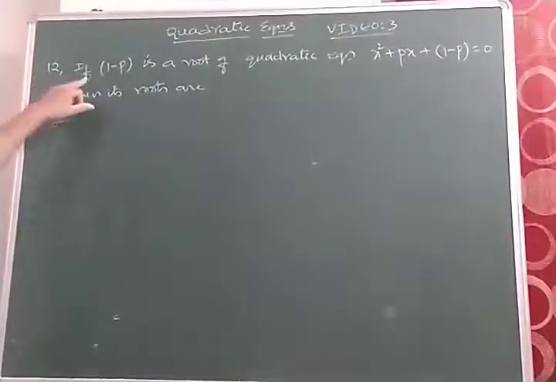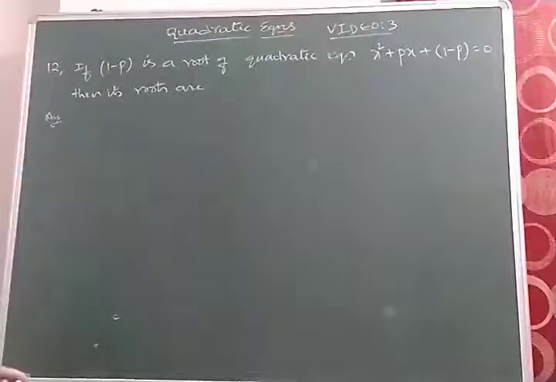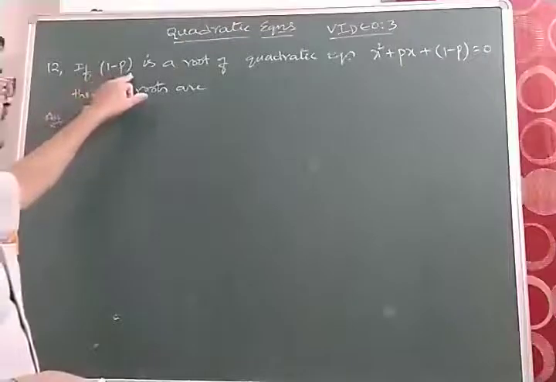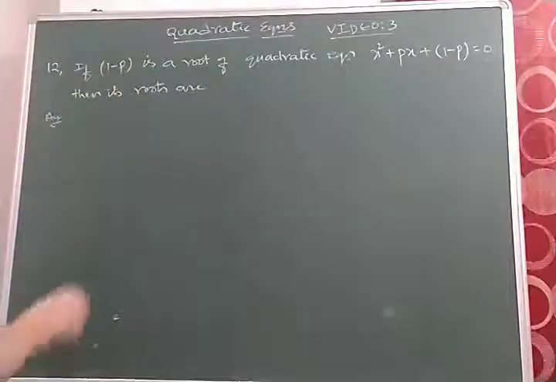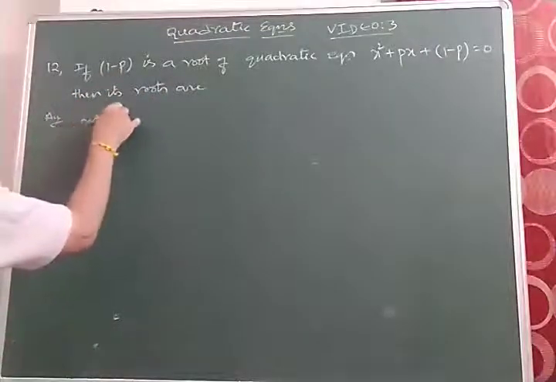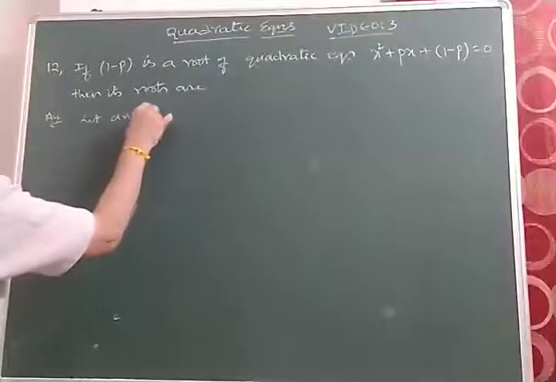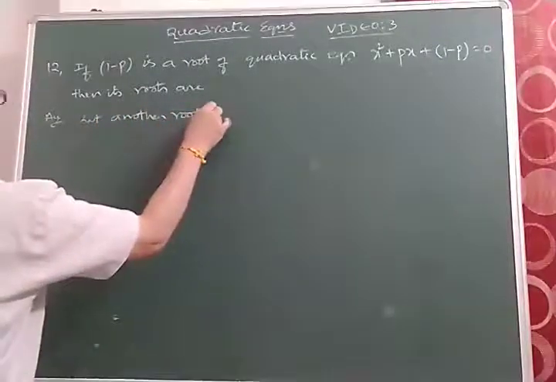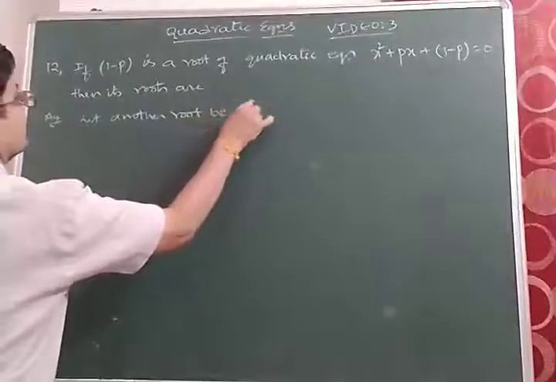Question number 12. If 1 minus p is a root of the quadratic equation x square plus px plus 1 minus p is equal to 0, then what are its roots? One of the roots is 1 minus p and another root, let's say, be alpha.